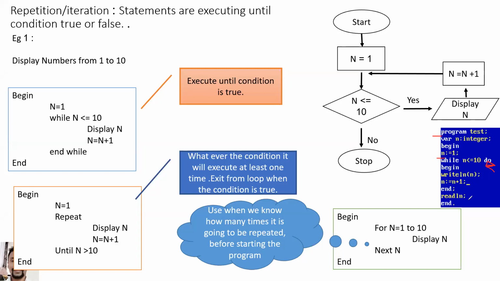So I have used the same thing, right? I can use repeat until and for loop, both we can use, but I'm not going to talk about them very much for the time being. Okay, so this is the while loop for our program. I'll go to the next one.